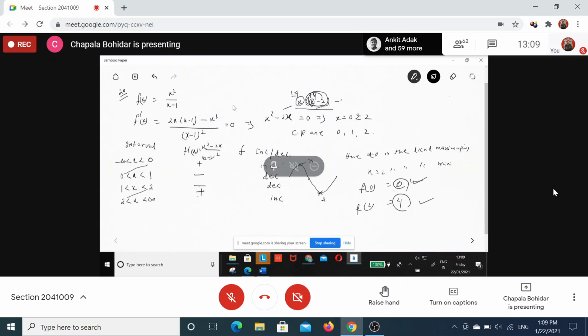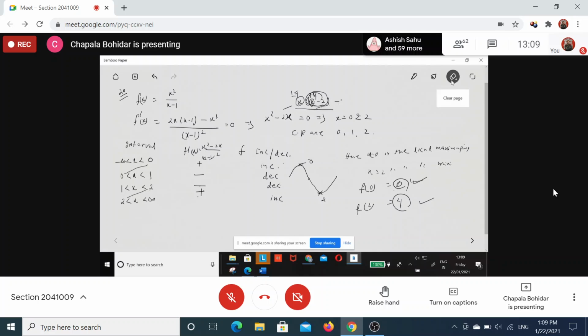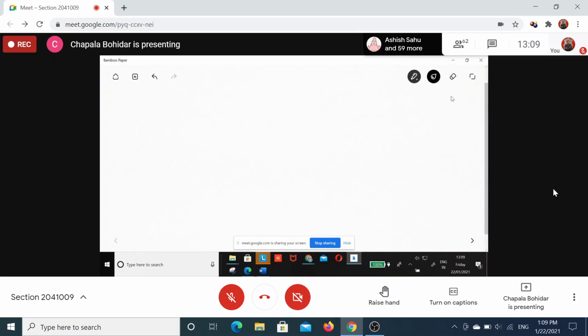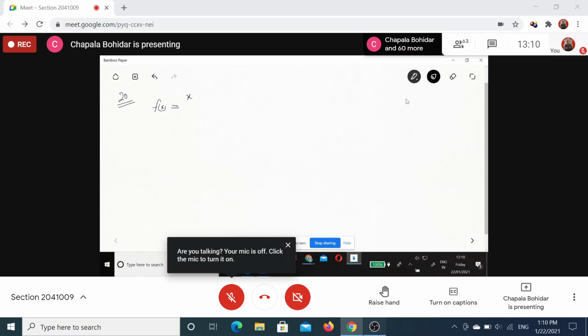Question number 20 I have done here and I'm going to explain it. f(x) is equal to x square by x minus 1.